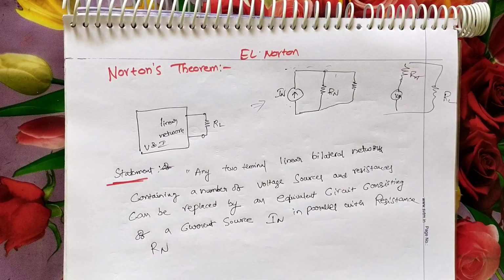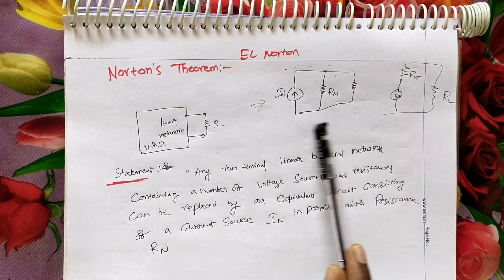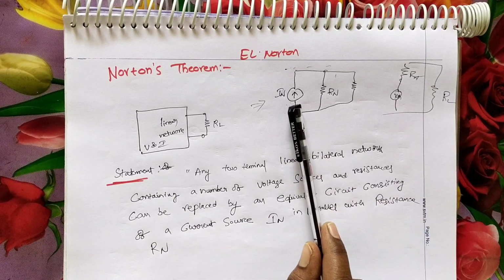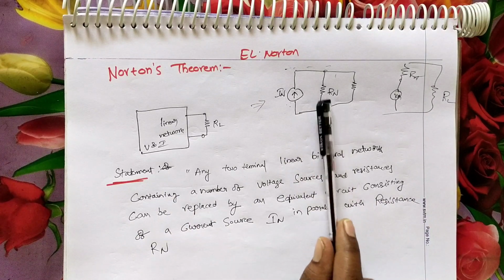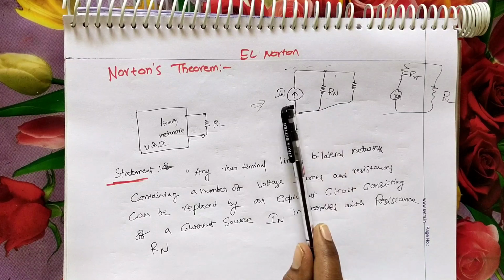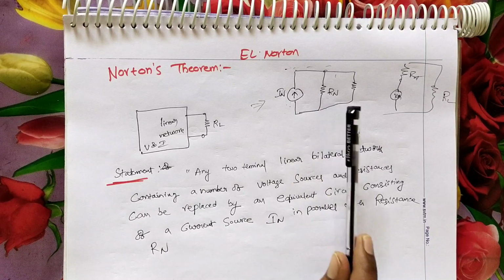This is the statement of Norton's theorem. Any linear network can be converted into one circuit, where Norton's current source is in parallel with Norton's resistance.